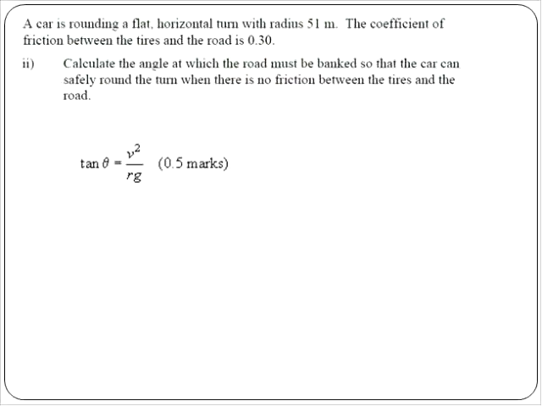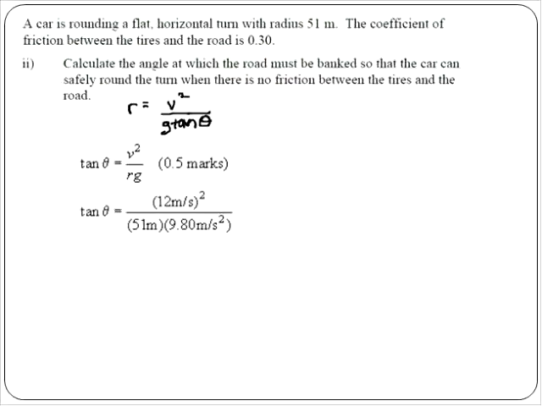Remember, our original equation was R equals V squared over G tan theta. That's the equation on the formula sheet. We rearrange it as tan theta equals V squared over R times G, which I just showed you a minute ago. And we plug our numbers in, and we get our answer, 16 degrees. And this time we do it to 2 sig figs because these numbers up here both had 2 sig figs.